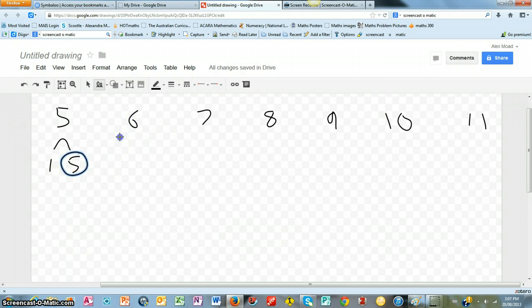With the 6, there's 2 branches that we can make to begin with. First of all, 1 times 6 is 6, and 2 times 3 is 6.